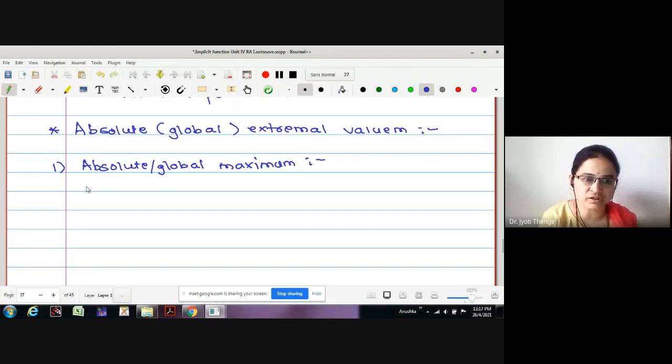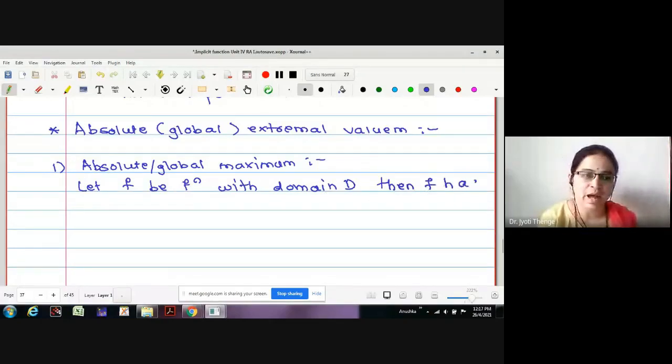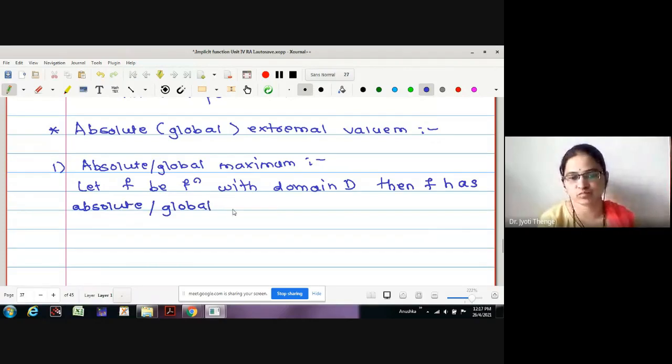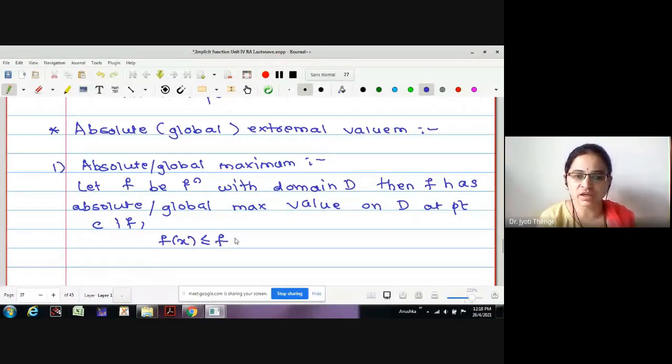Let f be a function with domain D, then f has an absolute or global maximum value on D, meaning we are considering the whole domain, at point c if f of x is less than or equal to f of c for all the points x in the domain.